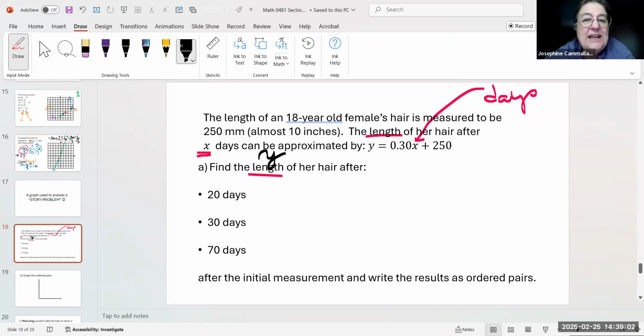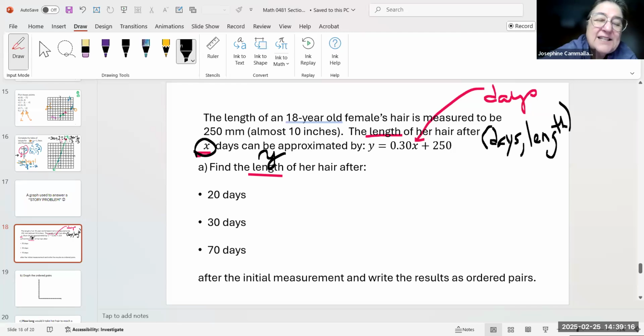The length is y, which means my ordered pair is days, comma, length. They're telling me what x is. x days. And if you look at A, all of them are days. Well, that means we're going to write this equation, and I'm going to be solving for y.